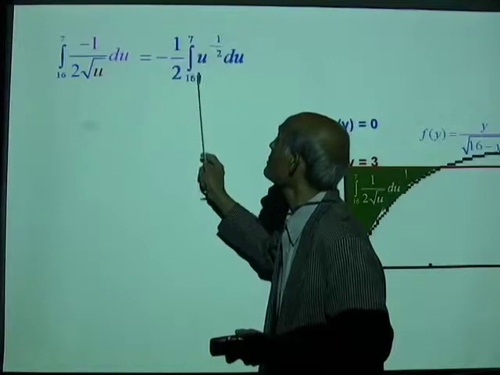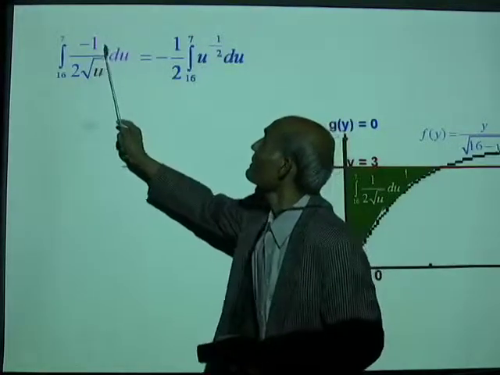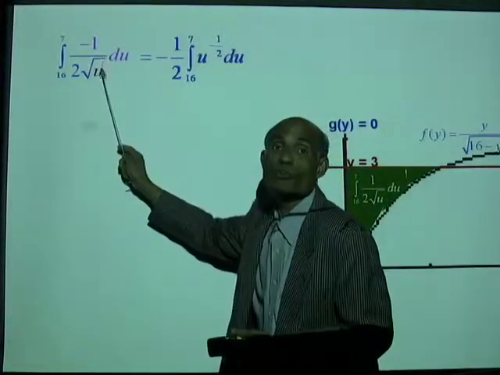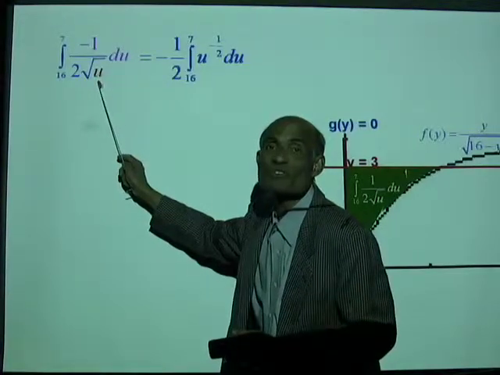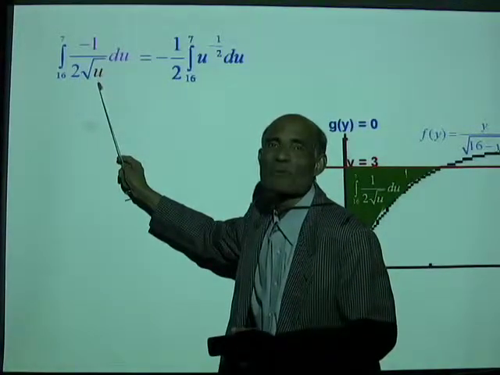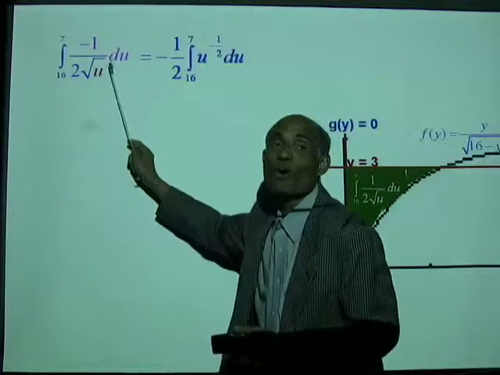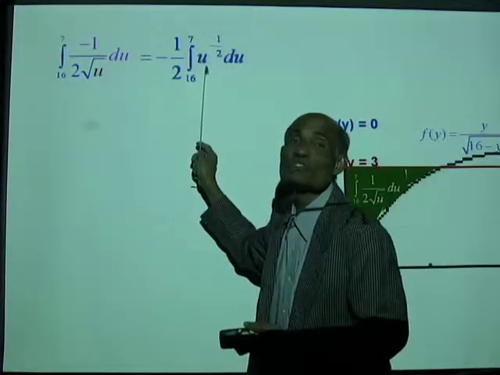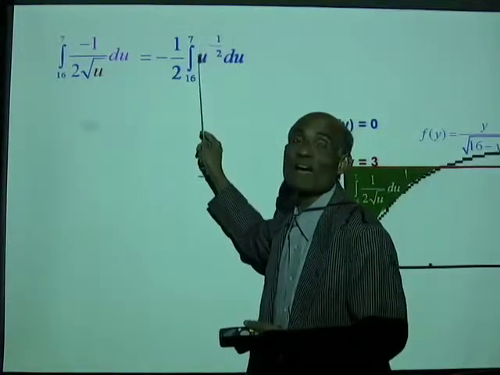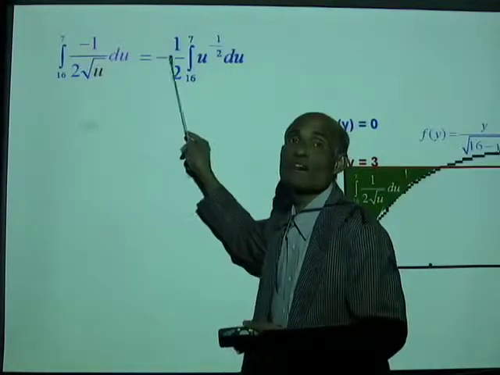So that negative 1/2 comes out. It'll be integral 16 to 7. If you recall, 1 over square root u, square root u is u to the power of 1/2. 1 over square root u is u to the power of negative 1/2. So I hope you understood that step.